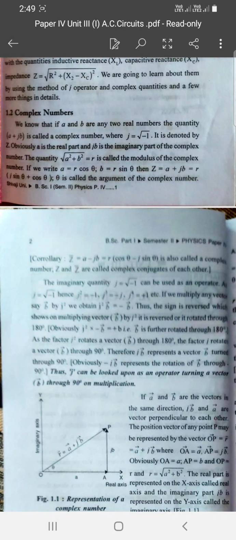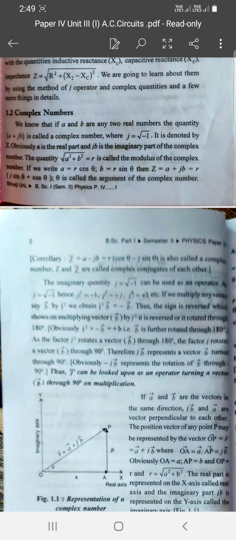The imaginary quantity j equal to square root of minus 1 can be used as an operator. j squared equal to minus 1, j cube equal to minus j, j fourth equal to plus 1. Alternatively, even powers give plus 1 and odd powers give minus 1, because j equal to square root of minus 1 and j squared equal to minus 1.